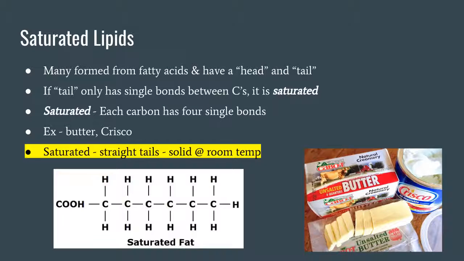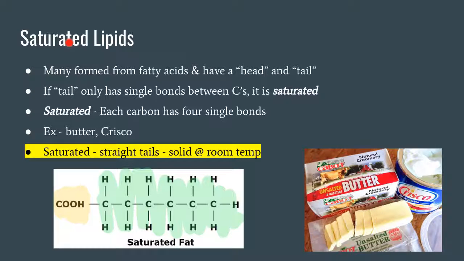So when I look at this example here, I have the head part, which I'm going to put in yellow, and then I have the tail part, which is in green. Okay, so it does have a head and the tail, and when I looked at that head and the tail, you're probably going to find that the head is going to be hydrophilic, water loving, and the tail is going to be hydrophobic, or doesn't like water.